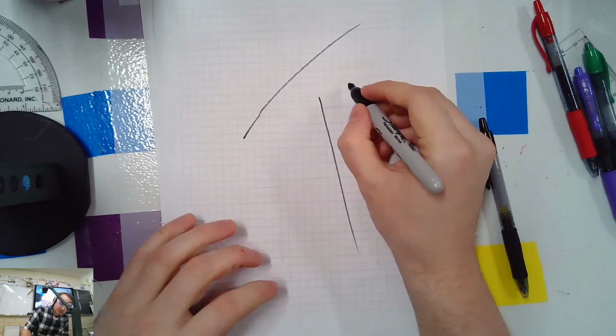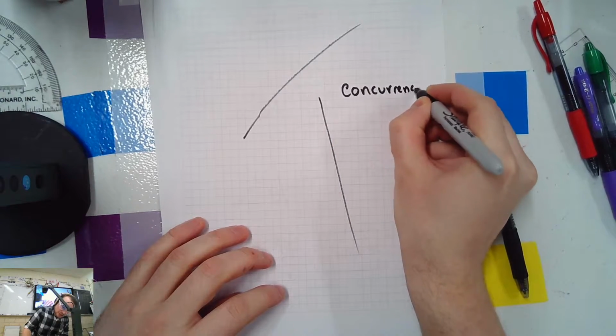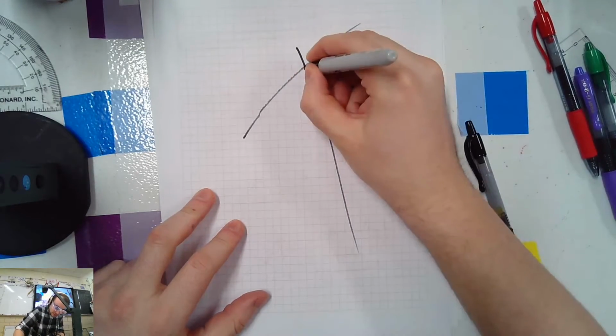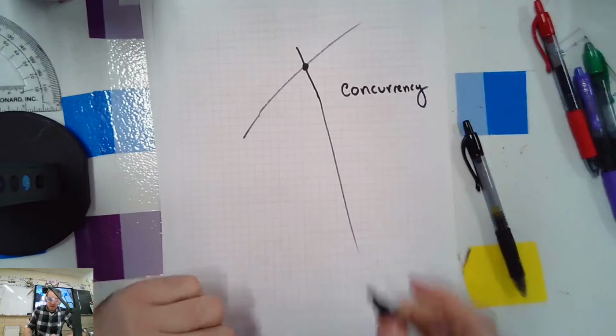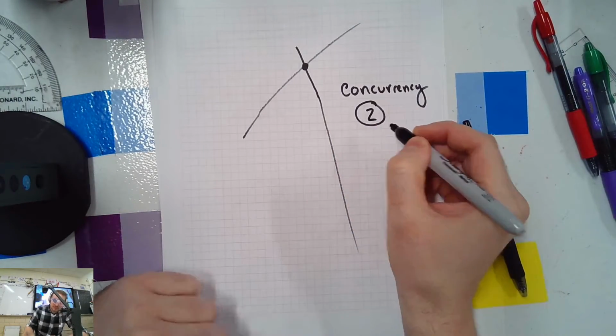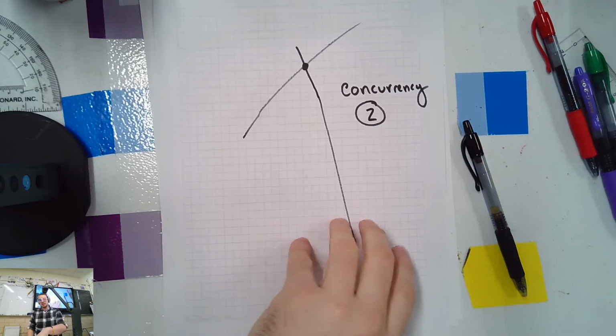So for two lines, the concurrency is pretty likely. We call it concurrency when they intersect, right? That's the point of concurrency, is where they intersect. So that would be this point right there, right? So the likelihood of them being concurrent for two lines, very likely, right? It'd be almost impossible to draw two perfectly parallel lines blindfolded.